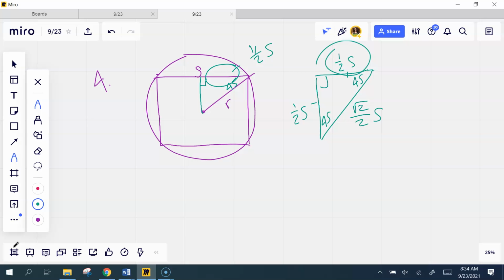We have to write it in terms of the radius. So instead of doing this, if this is R, do you agree with that?